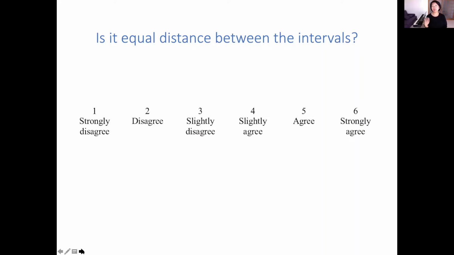So for example, in my particular survey, I use a scale of 6, 1, 2, 3, 4, 5, 6. But how do we know that the distance between 1 and 2, strongly disagree, is equivalent to the distance between 2 and 3, disagree and slightly disagree? These distances, these intervals are probably not the same. Okay, so by doing Rasch analysis, we try to test whether these intervals are the same or not.